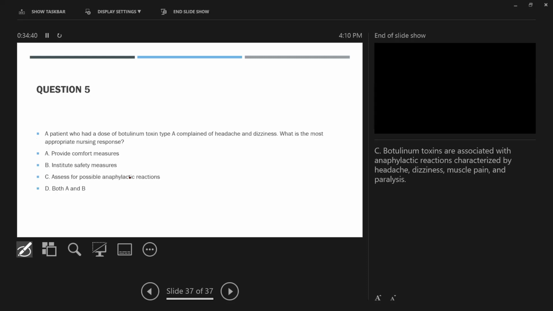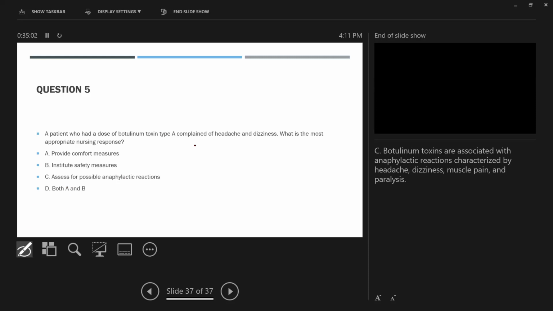Question 5. A patient who has had a dose of botulinum toxin type A complained of headache and dizziness. What is the most appropriate nursing response? A, provide comforting measures. B, institute safety measures. C, assess for possible anaphylactic reactions.